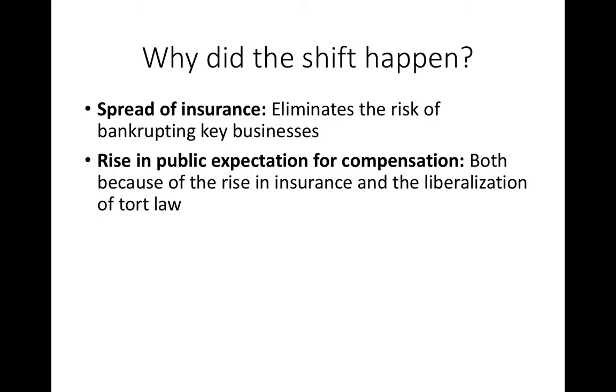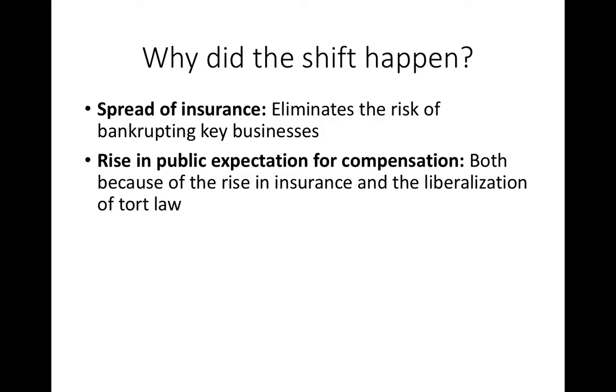There has also been an accompanying rise in the public's expectation for compensation. And this has happened both because of the rise in insurance and the liberalization of tort law. So now, as Americans, we assume that if we are injured in a way that is not our fault, or ostensibly not our fault, one could argue that Ryan should not have built his house right next to the railroad, or should have moved once the railroad moved in.